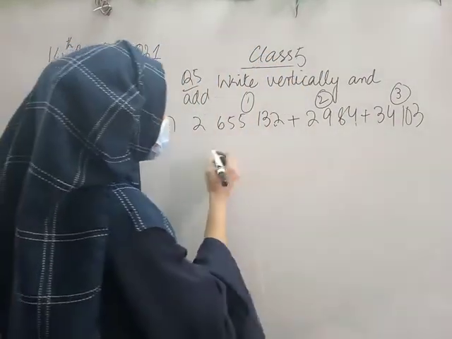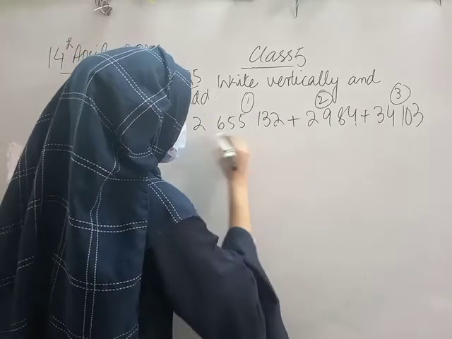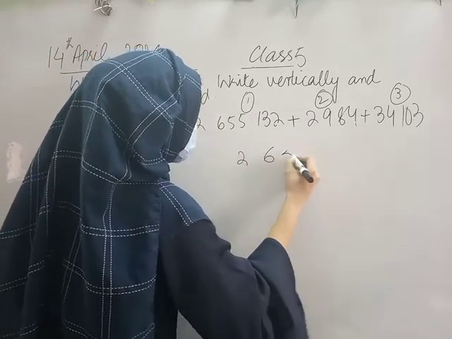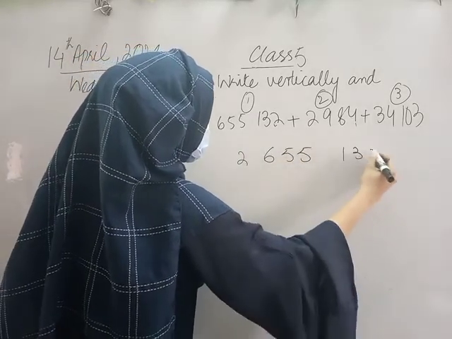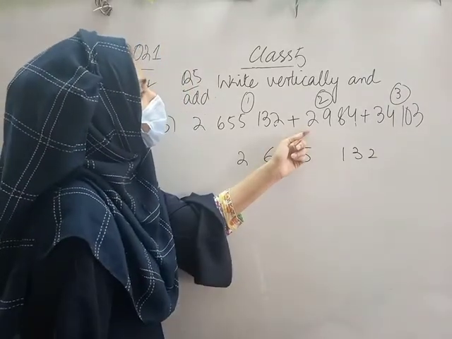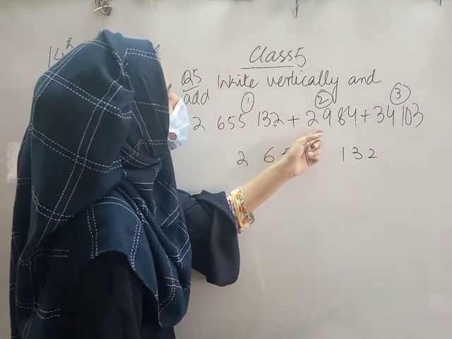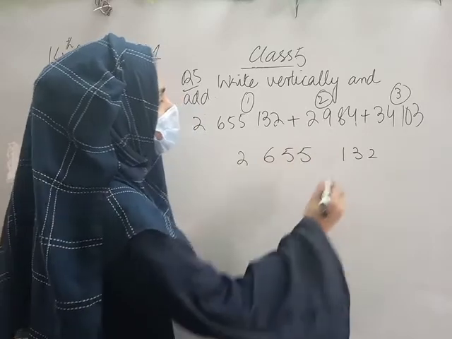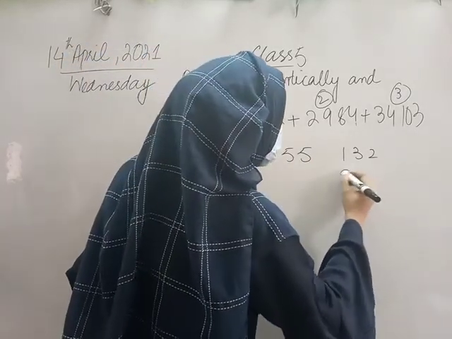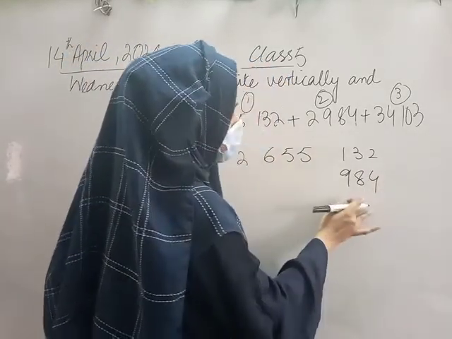So vertically means like this, 2,655,132. Fine. Now the next number is 2,984. I am going to write from this side, which is 984 belongs to the ones column.